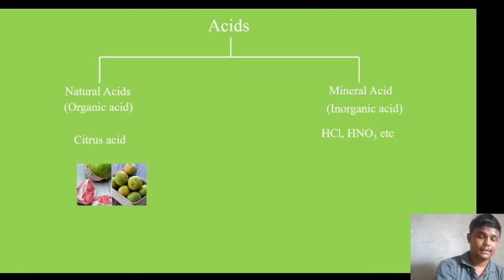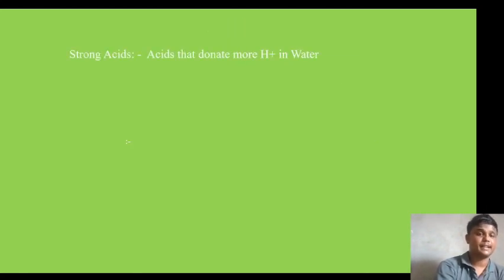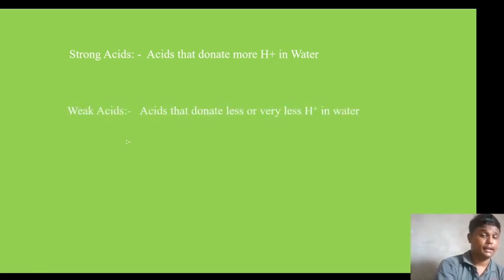These mineral acids are also strong acids. A strong acid donates more H+ in water. That is, if the concentration of H+ in water is more, then that type of acid is called a strong acid. Whereas a weak acid donates less or very little H+ in water.